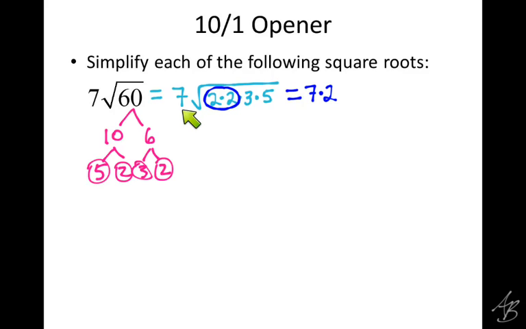We have the 7 that's already out there times the 2 that we had paired up on the inside. So our outside is going to be 7 times 2. And then the inside, the radicand, is going to be 3 times 5. And just like the last one, we need to simplify this. So on the outside, 7 times 2 is 14, and on the inside, 3 times 5 is 15. So we get 14 square root of 15.